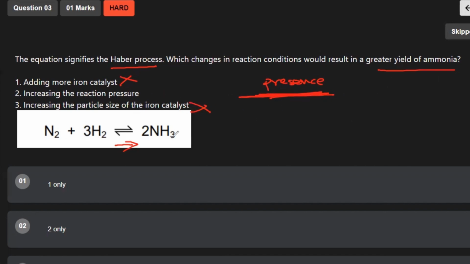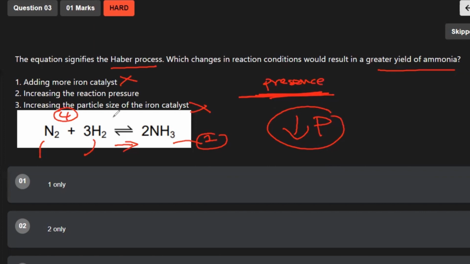Increasing the reaction pressure. We have one nitrogen molecule and 3 hydrogen molecules giving just 2 ammonia molecules. So on the left-hand side, we have a total of 4 molecules, whereas on the right-hand side, we have only 2 molecules. If we increase the pressure, the system will want to decrease the pressure. And to decrease the pressure, we must go to the side where there's a lesser number of molecules.